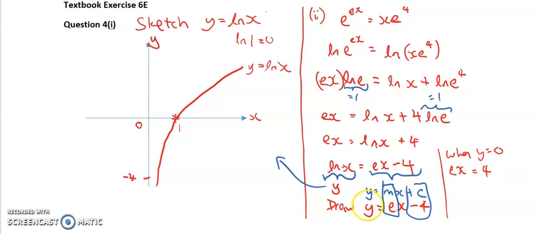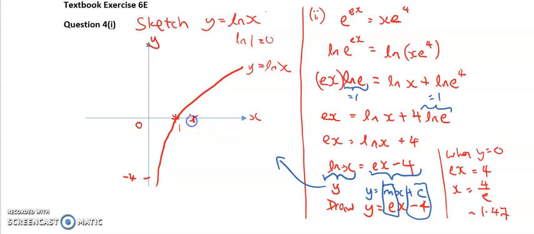Bringing 4 across, I get x equals 4, which you can check with your calculator. So my x-intercept will be here.